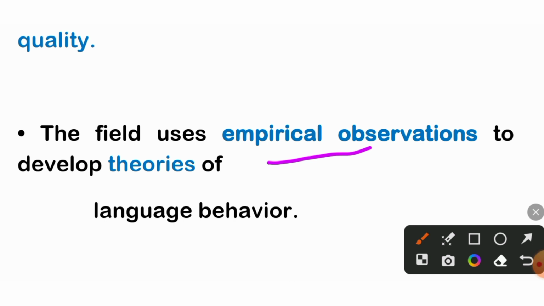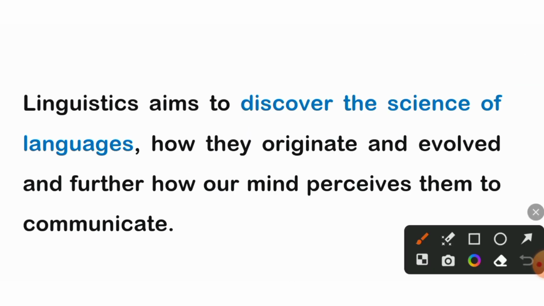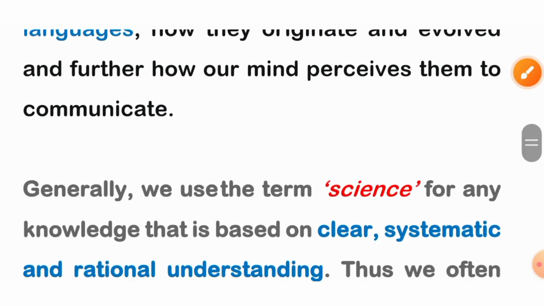Empirical means data that's achieved by experience or observation. Linguistics aims to discover the science of languages, how they originate and evolve, and further how our mind perceives them to communicate. This is a systematic way to analyze something that's done in linguistics.